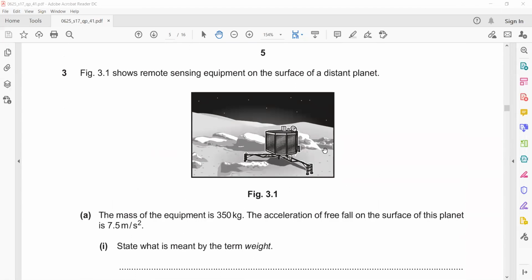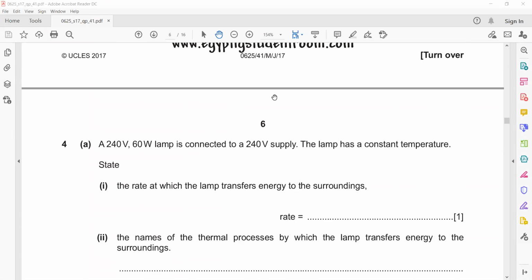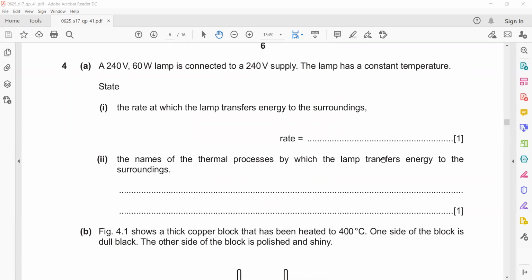Question 3, is there any doubt in question 3? If you don't have any doubt, just type no, so I will move on to the next question. Question 4, is there any doubt?